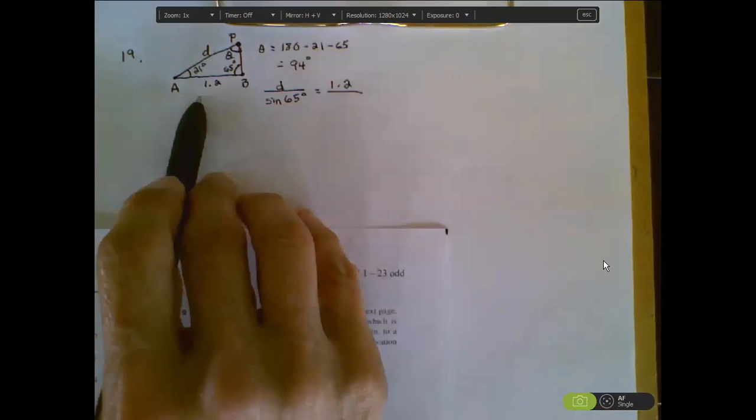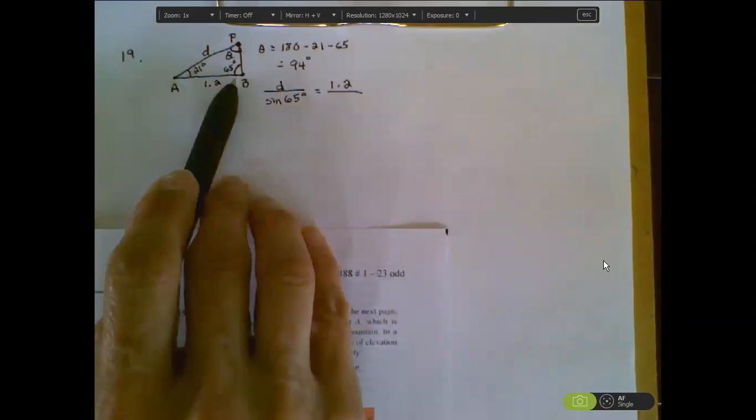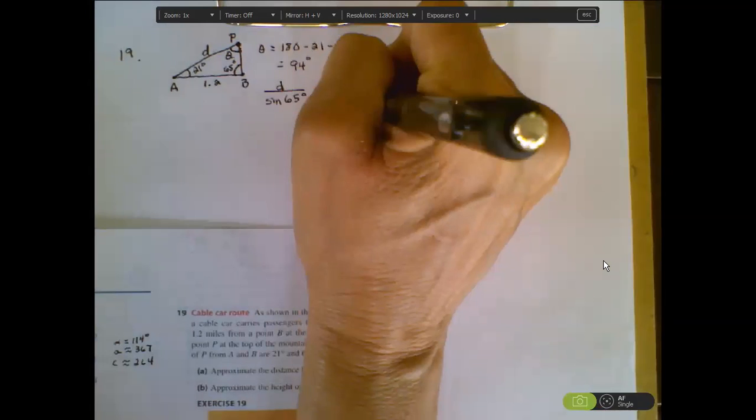D over sine of 65 equals 1.2 over the sine of theta, and we found theta to be 94 degrees. That would give us the answer to the A part.